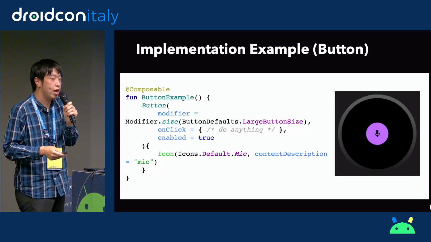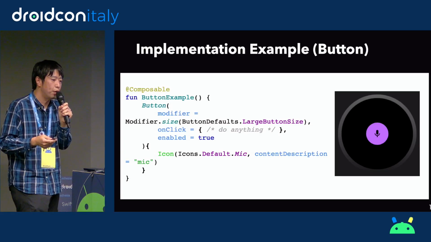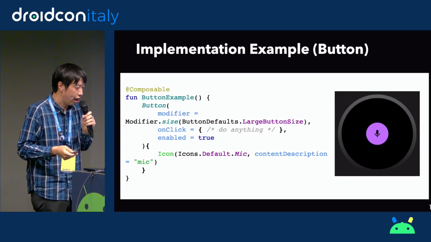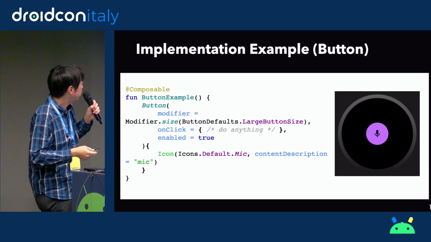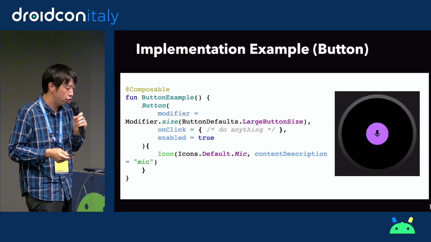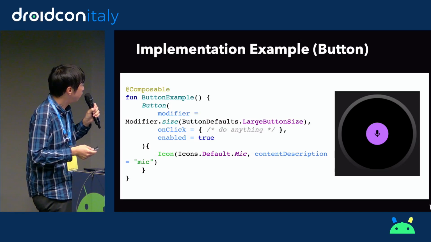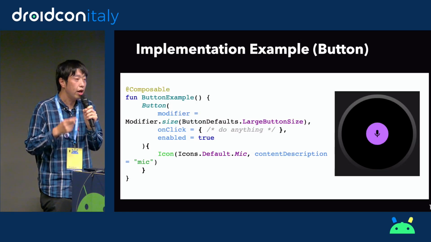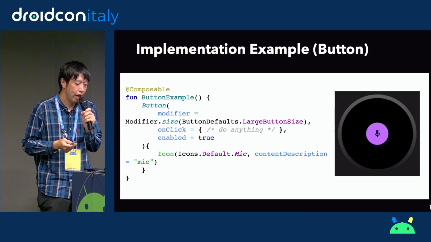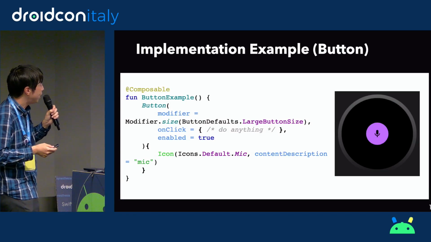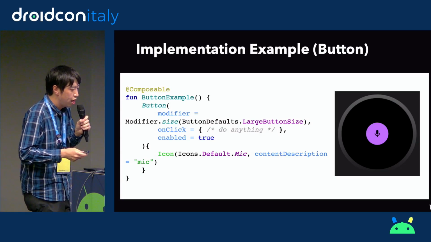Here is a code example for creating a button with Jetpack Compose. At the first line, we define this composable annotation and call Button at the third line. It includes some properties such as modifier, on-click event, and enabled status.